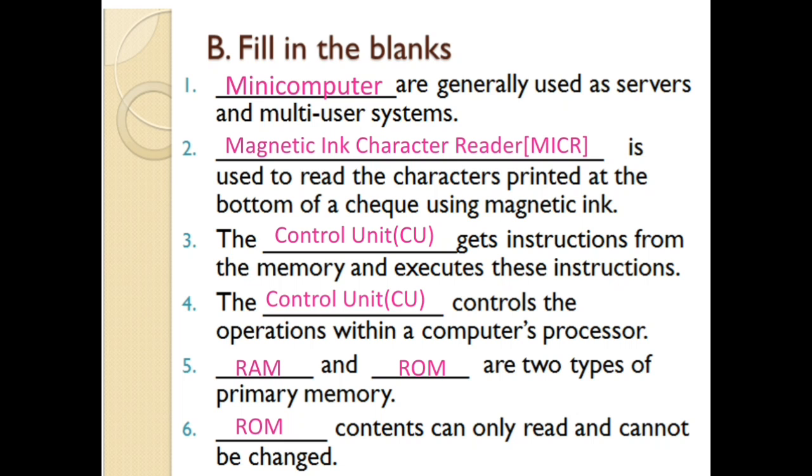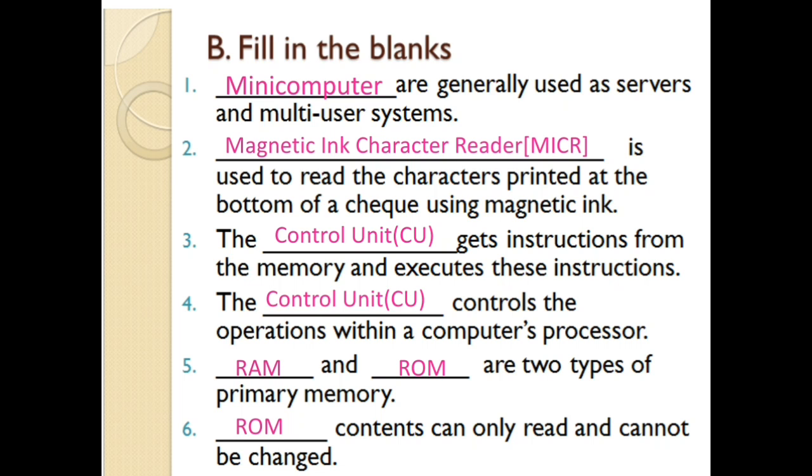The next one: RAM and ROM are the two primary memories. And in ROM, the data cannot be modified. We can only read the data. So for ROM we have to say contents can only be read and cannot be changed.